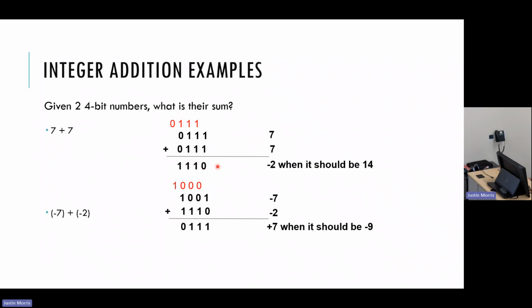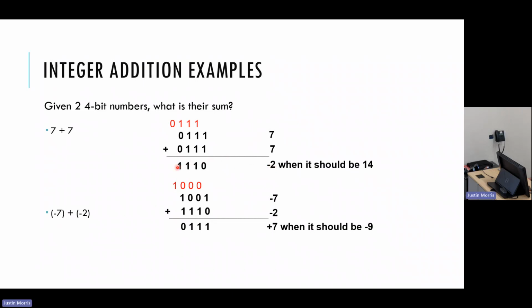Okay? So that would be a result of -2. But we want to see 14. But as we know, with the 2's complement representation and 4 bits, 7 is actually the largest number that we can represent. So that's why we have this overflow here. It goes from 7 to the -7 and then -6, and it reaches all the way back to -2.